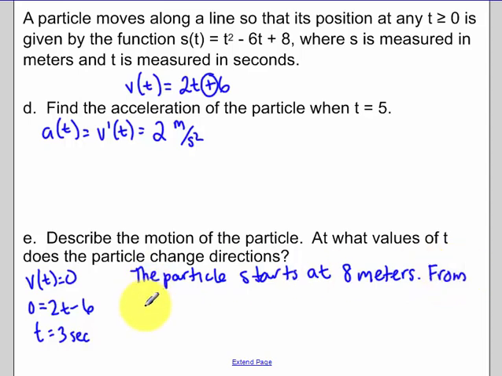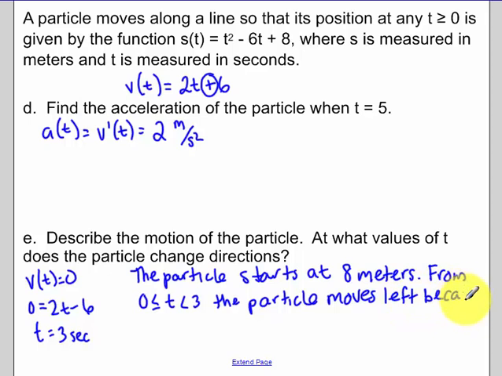From the interval of 0 to 3, the particle is moving left, because velocity is less than 0.